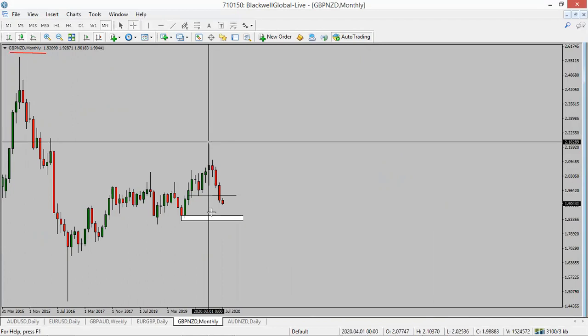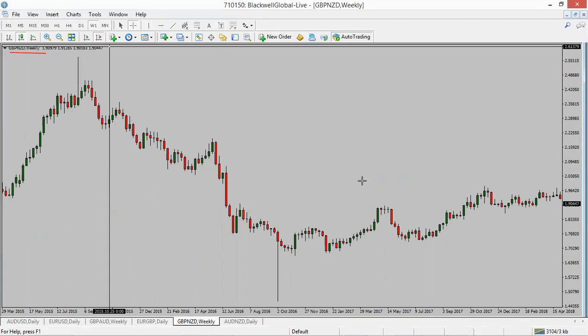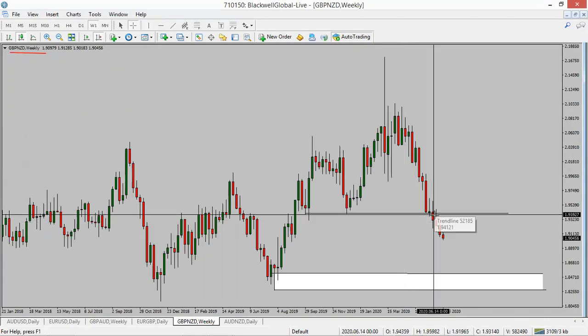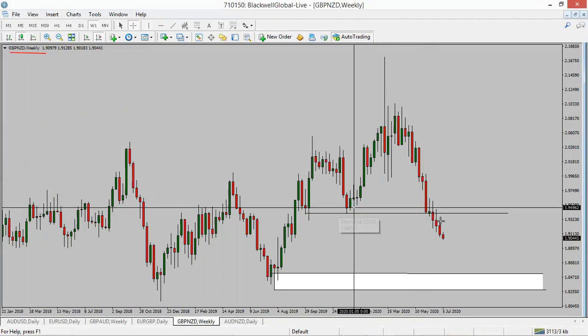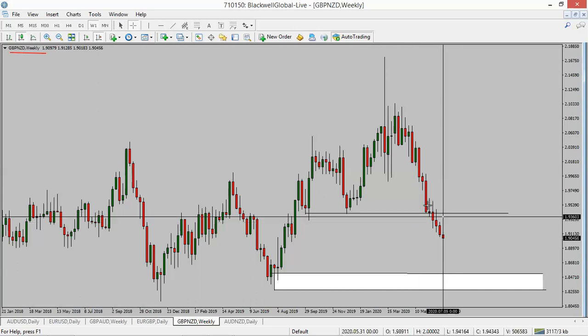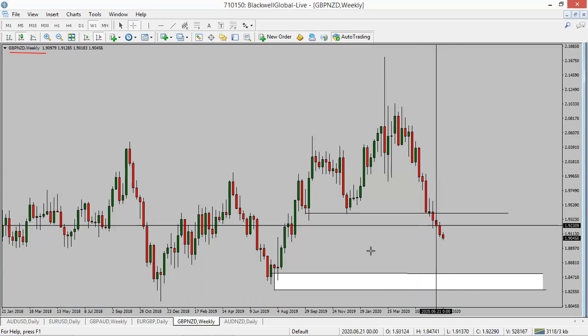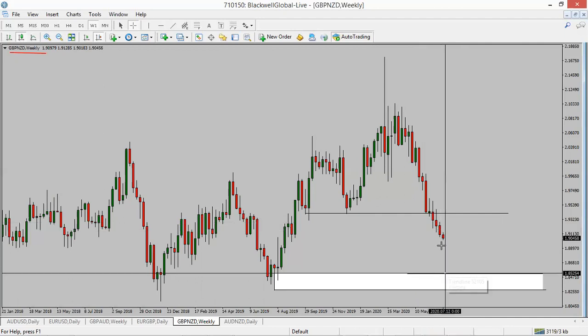On a normal day you should expect this to bounce off around this support level, but it didn't. It broke that level, and the next level I'm looking at is around this place.